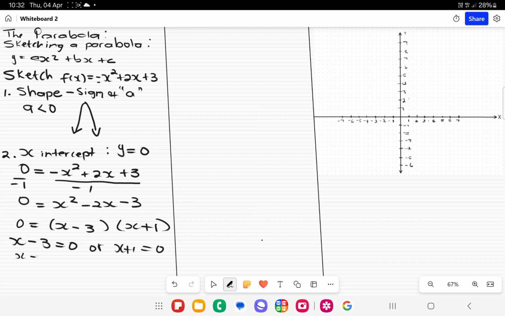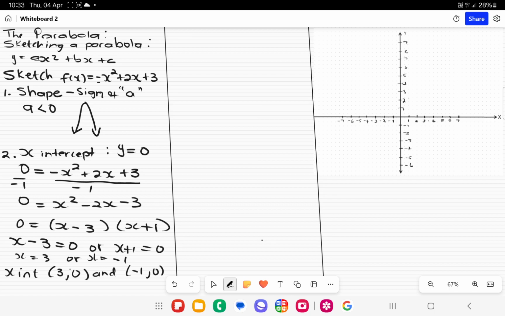So x is going to be 3, or x is going to be negative 1. All right, so meaning my x-intercepts are (3, 0) and (-1, 0).